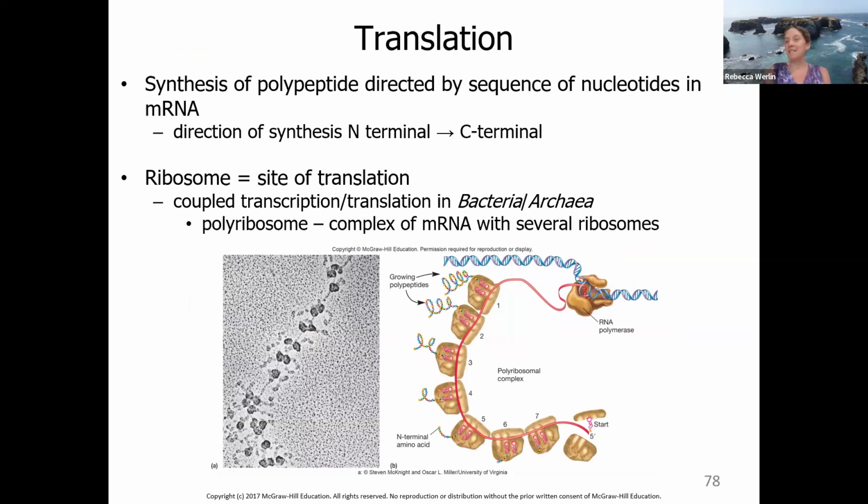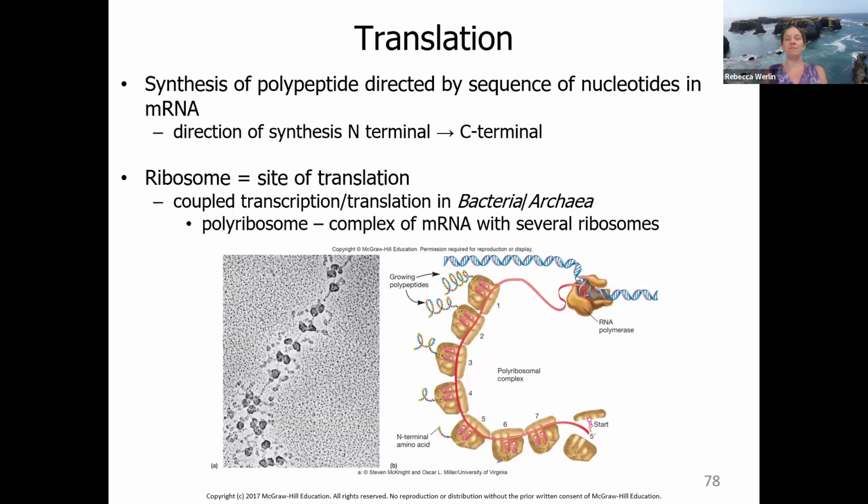But if you are a bacteria or archaea, a prokaryotic cell, you can do something special because you do not have a nucleus. Remember, prokaryotic cells have their typically single circular chromosome in the cytoplasm.